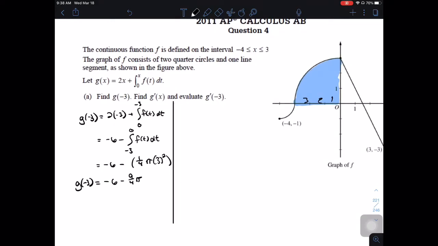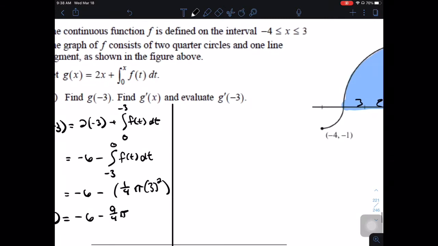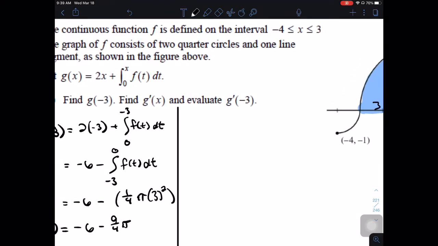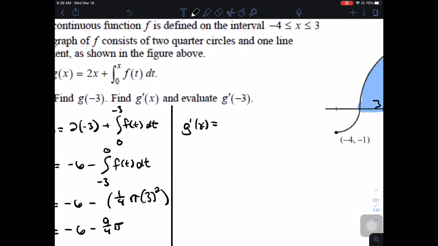Let's find g prime of x. Well, to find g prime of x, for this first part here of 2x, its derivative is simply 2. To take the derivative of this, we're going to use the second part of the fundamental theorem of calculus, which says to take its derivative, we're just going to take this variable and put it in for t.